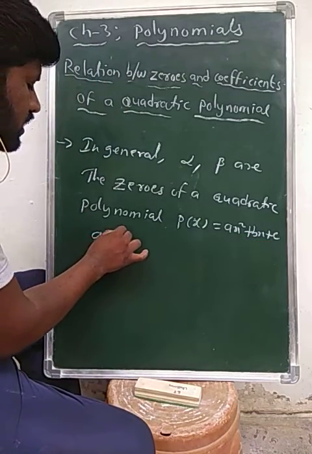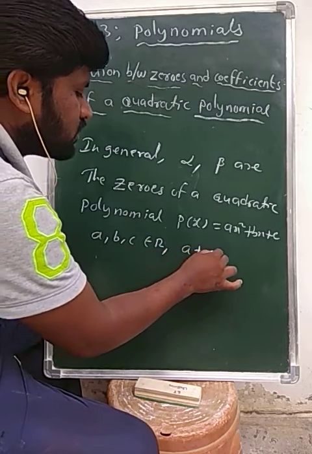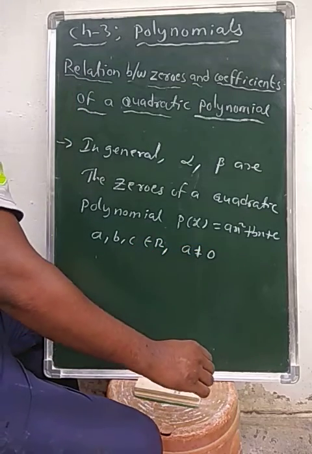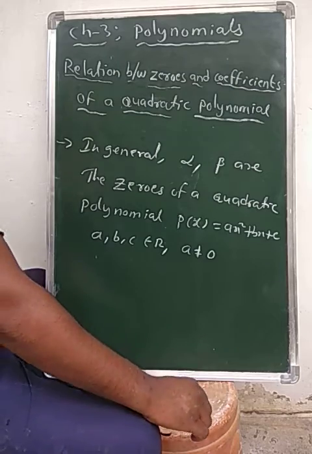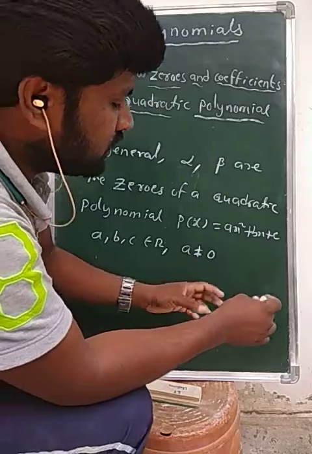Clearly we know a comma b comma c belongs to real numbers, and a is not equals to 0.